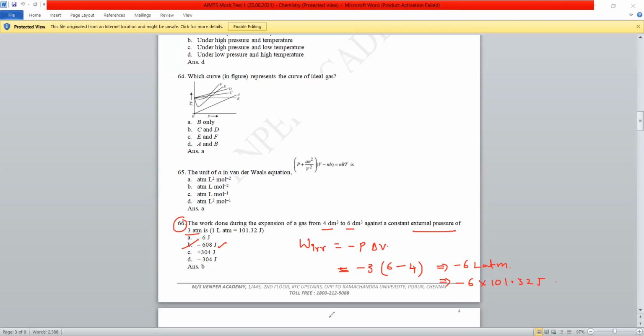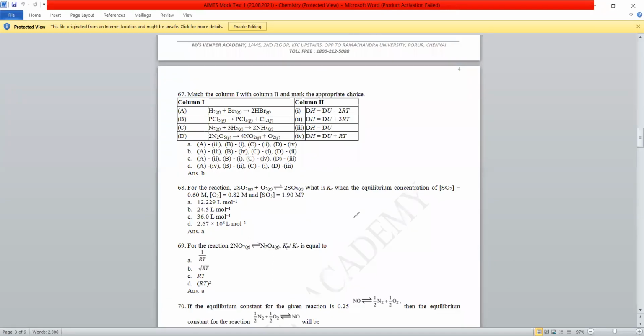Next, question number 67. Column 1 has the reactions given and column 2 gives the relationship between delta H and delta U. The first one is H2 plus Br2 gives 2HBr. Here all are in the gaseous phase: hydrogen, Br2 and HBr.